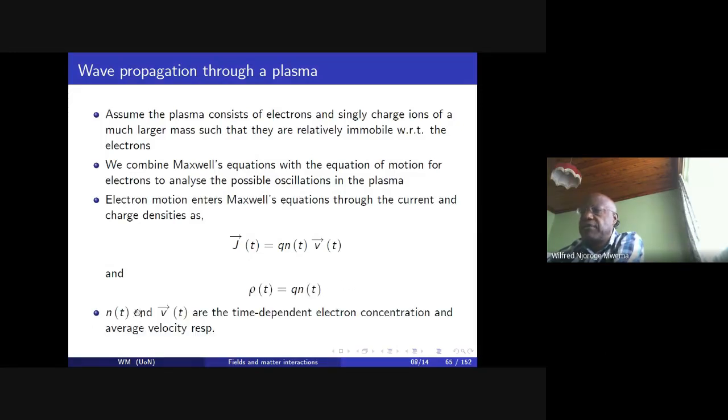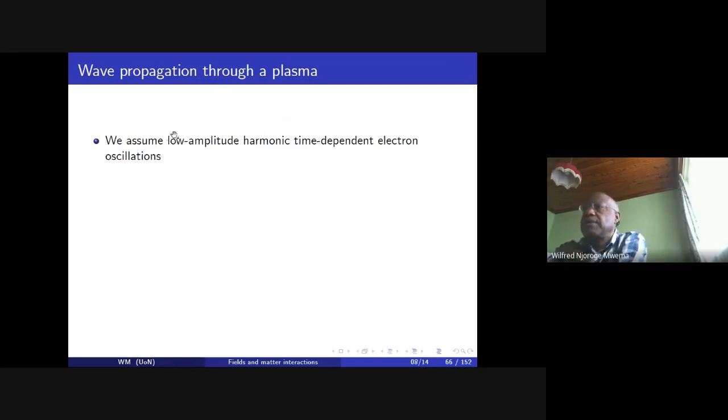So n of t and v of t are the time-dependent electron concentration and average velocity, respectively. We'll assume low amplitude harmonic time-dependent electron oscillations.